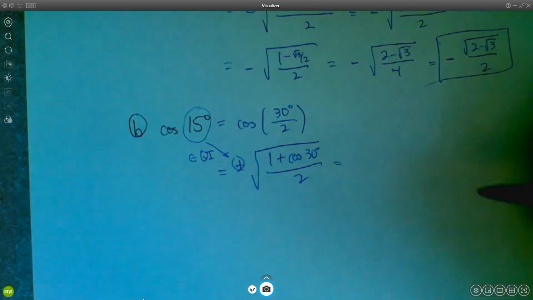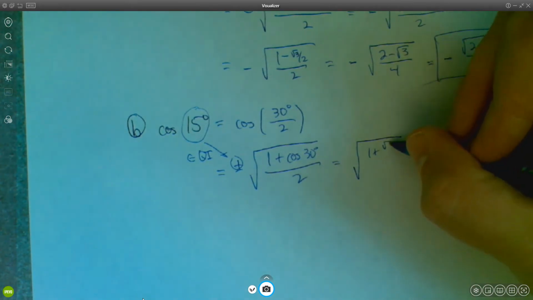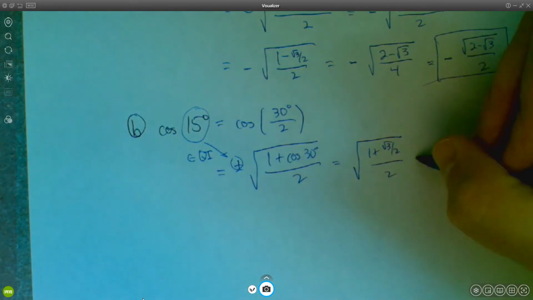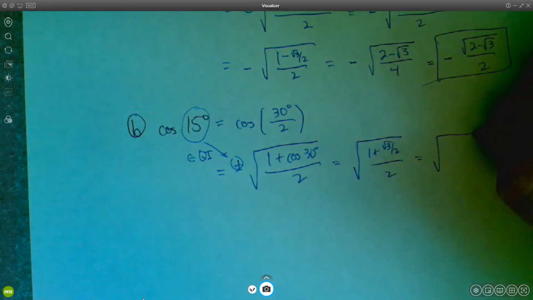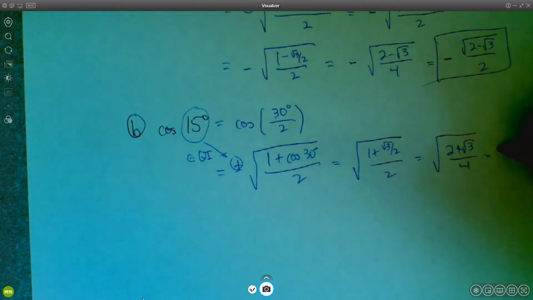So it's going to be the square root of 1 plus root 3 over 2 over 2. That's going to be square root of, same deal as before, 2 plus root 3 over 4, or in other words, root 2 plus root 3 over 2.